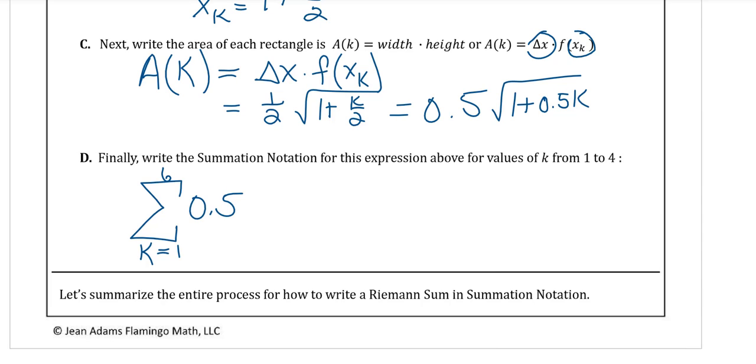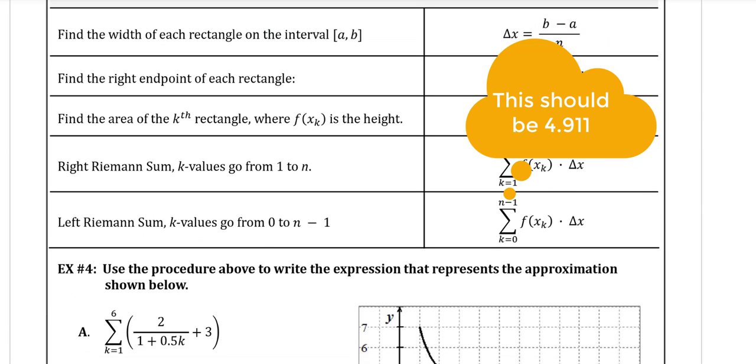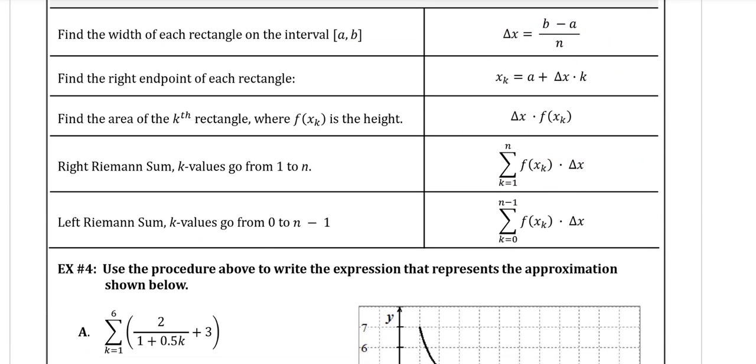The 1 to 4 is built into the expression here that I'm writing right now that we found in parts A through C. Okay, but we wanted 6 rectangles. So this is approximately equal to 49.11.